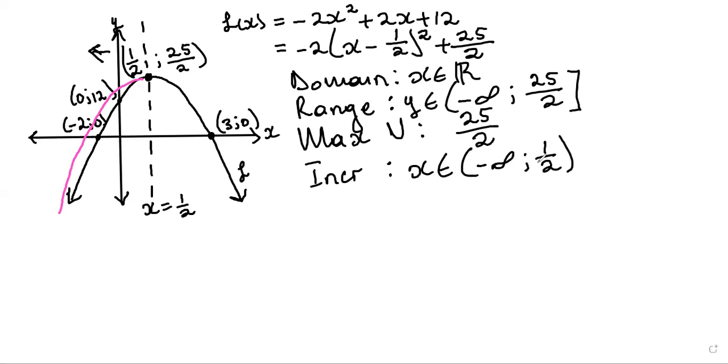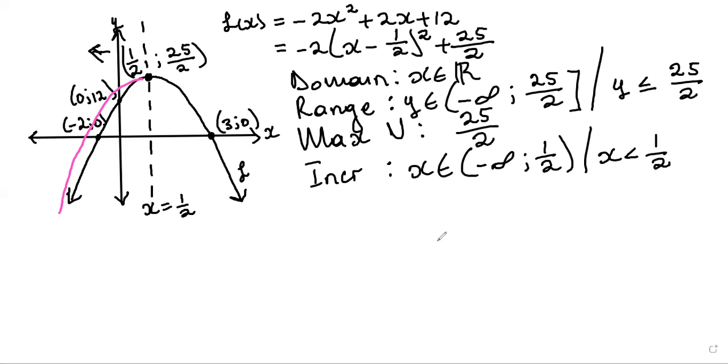So you can use this notation, or you can say the function is increasing for any value of x that is less than a half. And for your range here, if you prefer, you can say your function is going to be defined for all the values of y that are less or equal to 25 over 2. So these are the alternative notations.